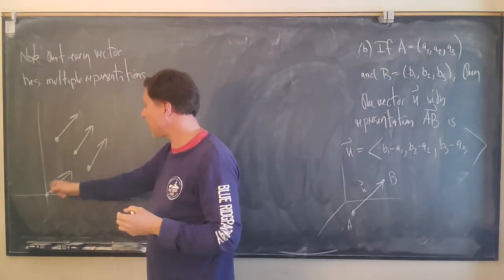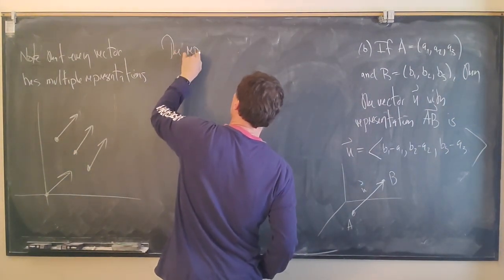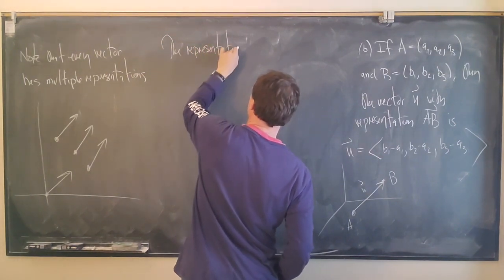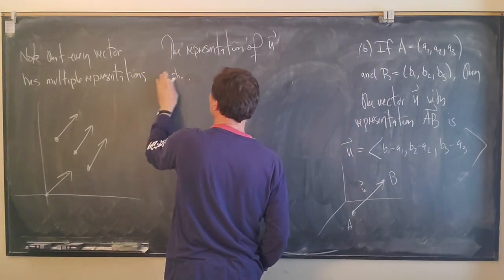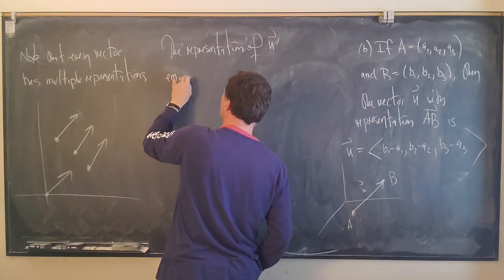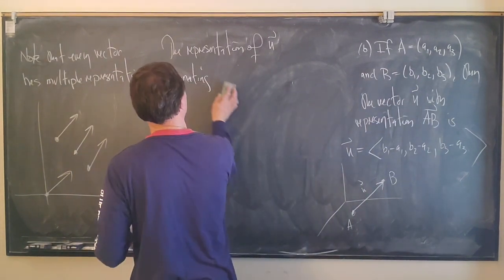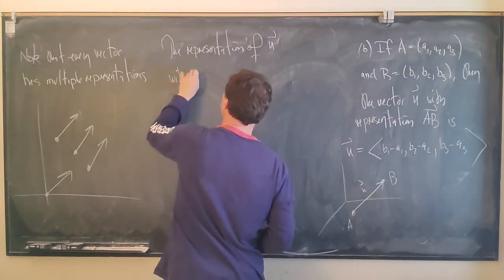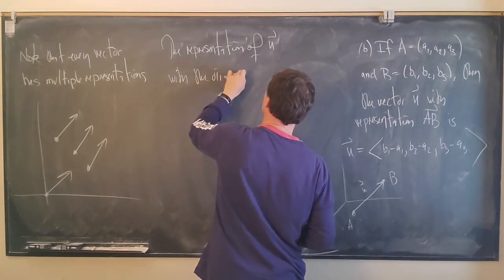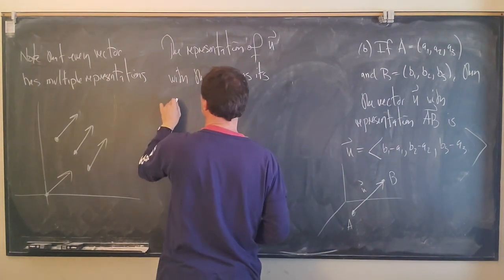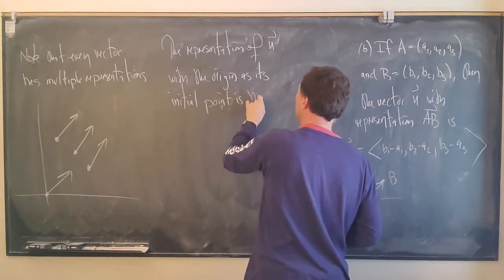So the representation of the vector u with the origin as its initial point is the position vector.